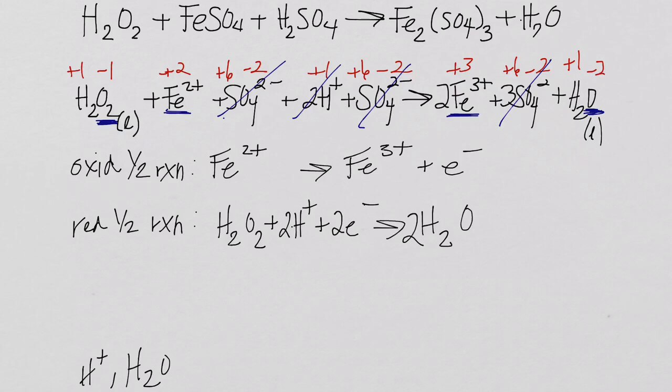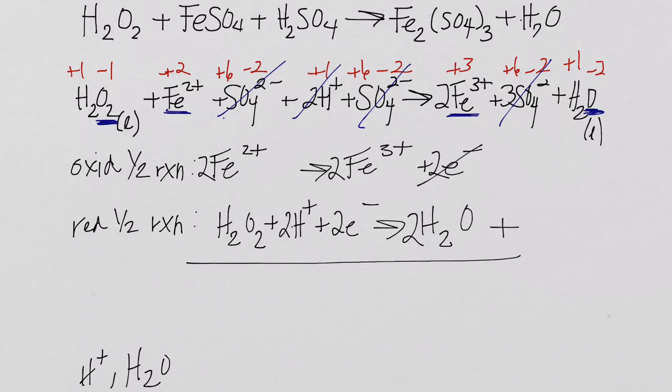Now if my half reactions are balanced within them, I need to balance between them. And if you notice, I have 2 electrons here, but only 1 here. So if I multiply this whole equation through by 2, the oxidation, 2, 2, and 2, now I've got 2 electrons being given off and 2 electrons being accepted. And so the electrons are balanced between the half reactions. Now it's time to just add up the equations.